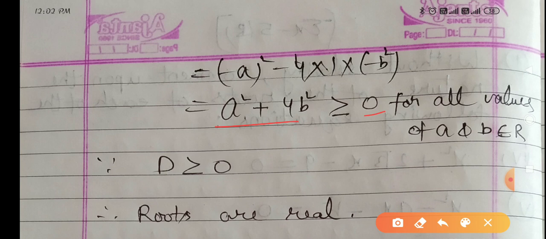So for all values of a and b belonging to real numbers, D is greater than or equal to 0. In this case you will write only that roots are real, because if it is greater than 0, then roots are real and unequal, and if it is equal to 0, then roots are real and equal.